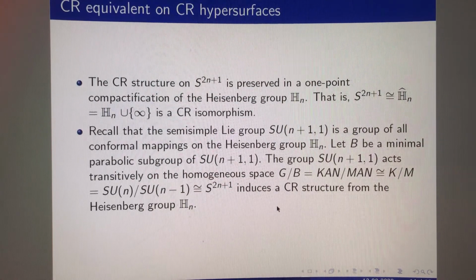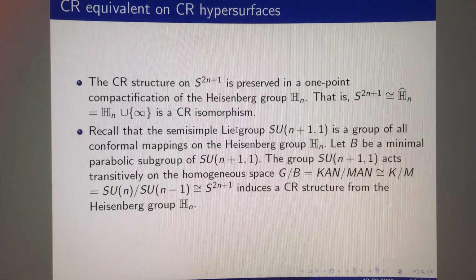Because the Heisenberg group is actually the nilpotent subgroup of SU(n+1), in other words, we can have a mapping from the Heisenberg group to the flag manifold via one-point compactification, so that the CR structure from the Heisenberg group is also preserved in the real flag manifold G mod B.